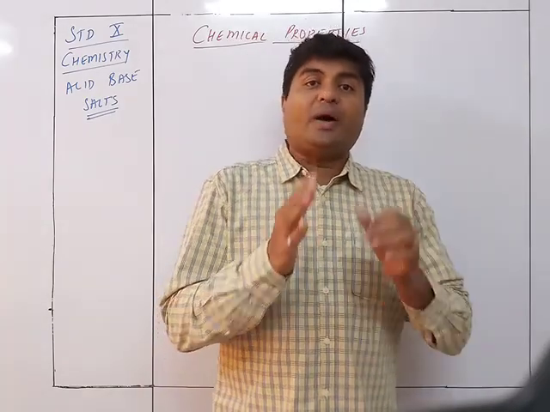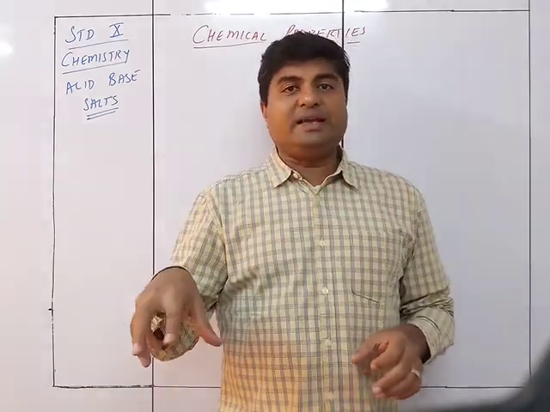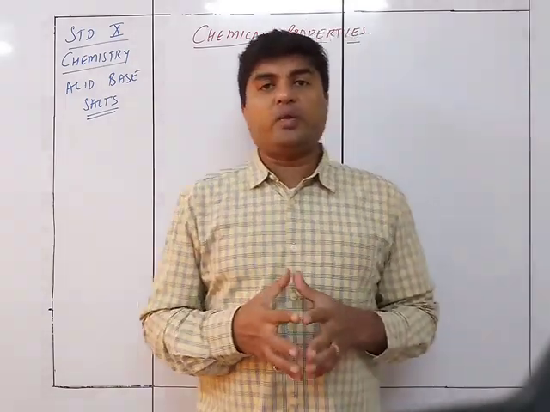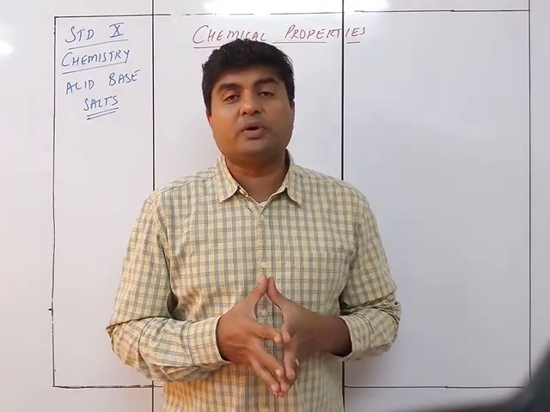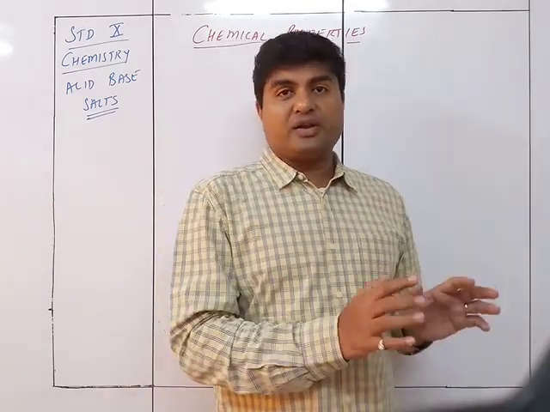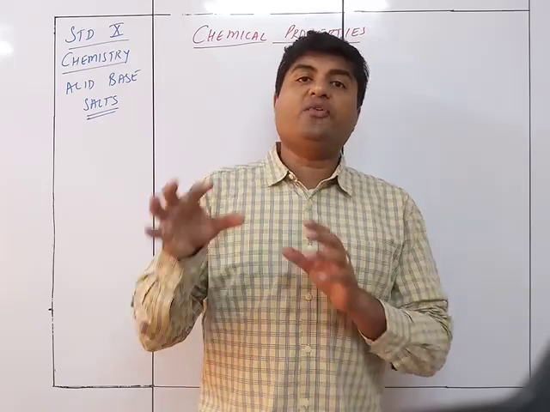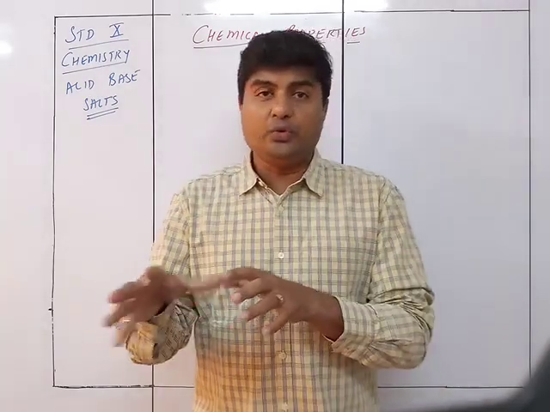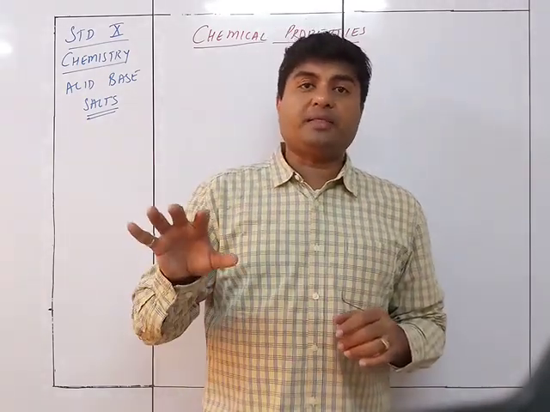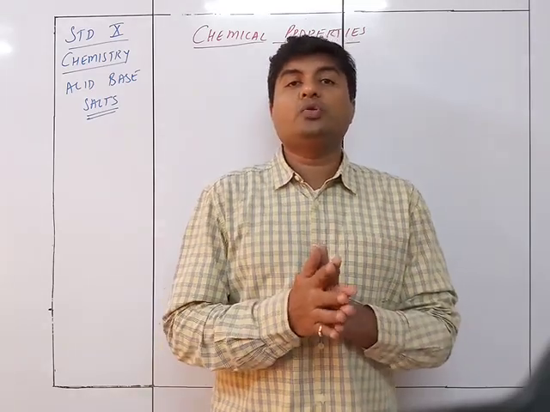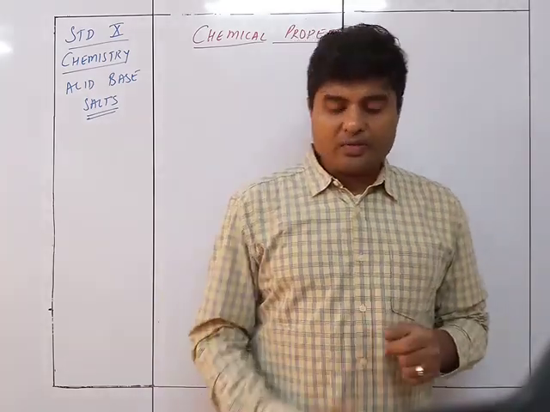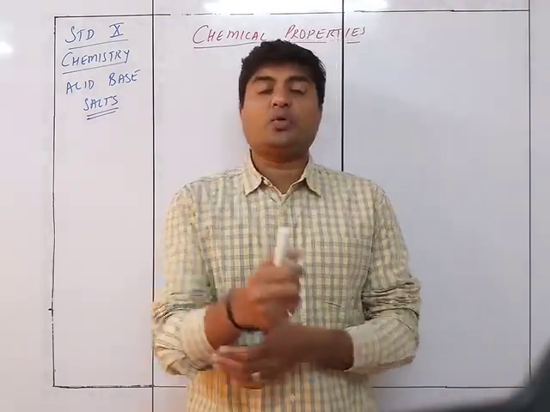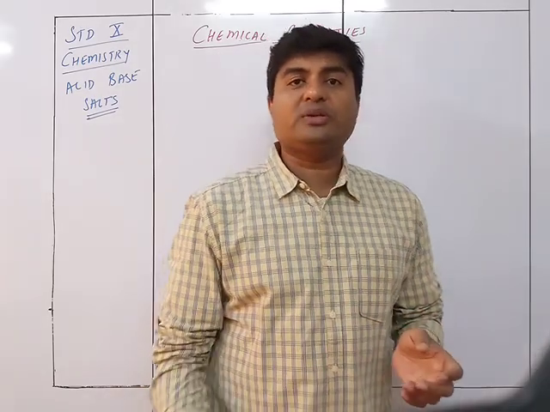Once you learn this, you only learn the typical equations and reactions that are not general form. They are unique for HCl, unique for H2SO4, unique for concentrated, unique for dilute. That part you can learn as a separate thing, but the general thing you will come to know from this chapter itself. That's why we go one by one with the chemical properties, that is, how acids react when they come in contact with certain substances.